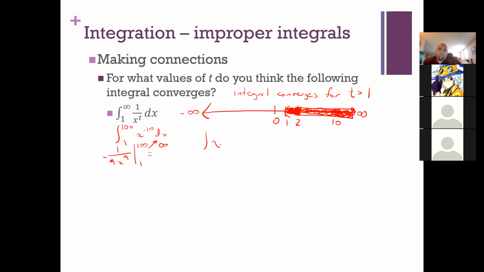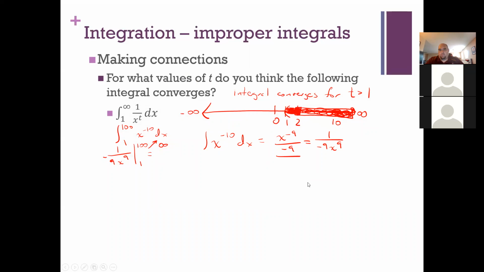The antiderivative of x to the negative 10th dx would be equal to x to the negative 9 over negative 9. Then from there, I could write this as 1 over negative 9x to the 9. So that's the middle step I think you were missing. Yeah. Okay. Thank you. No problem.